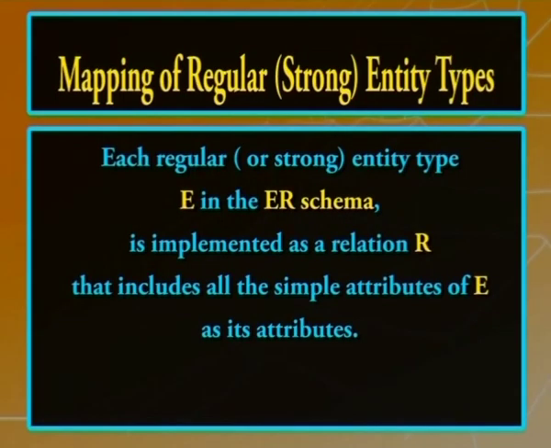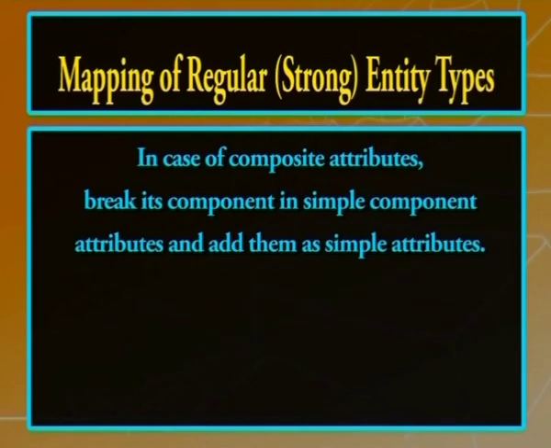Each regular or strong entity type E in the ER schema is implemented as a relation R that includes all the simple attributes of E as its attributes. In case of composite attributes, break them into simple component attributes and add them as simple attributes.